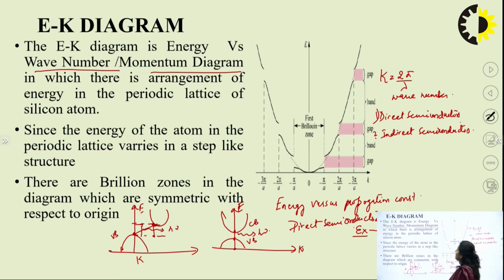So the EK diagram is energy versus wave number or momentum diagram, in which there is an arrangement of energy in the periodic lattice of a single atom. There will be a transition of an electron from the conduction band to the valence band when we input or stimulate some light into it, and there will be a release of energy.